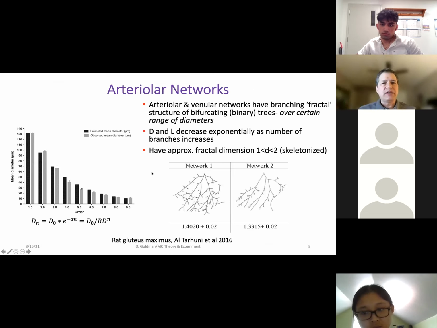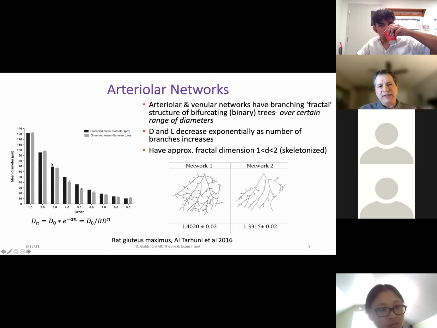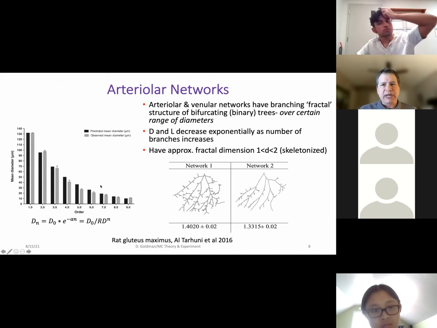And so I'll start with arteriolar networks, which in a certain range of diameters or length scales are fractal and branch. The diameters and lengths decrease exponentially as the branching increases. For example, here's some data from a paper by Al-Tarhouni and coworkers with myself and another researcher. Measuring diameters, you get this exponential decay, and that's characteristic of these branching networks.